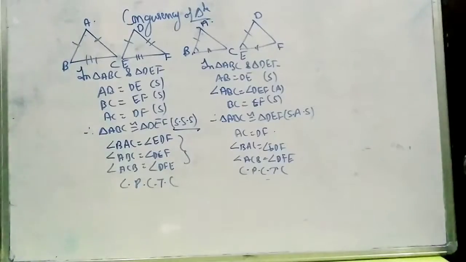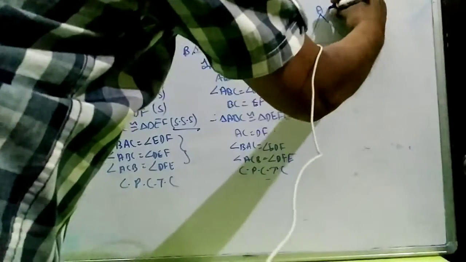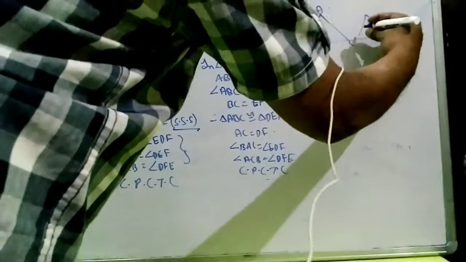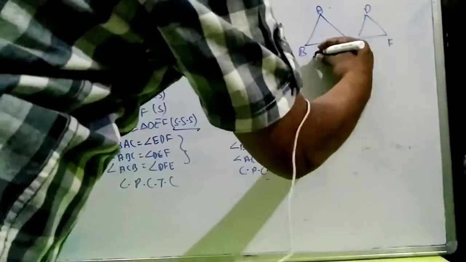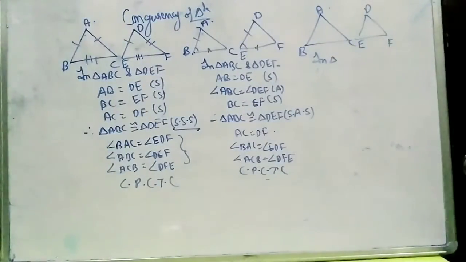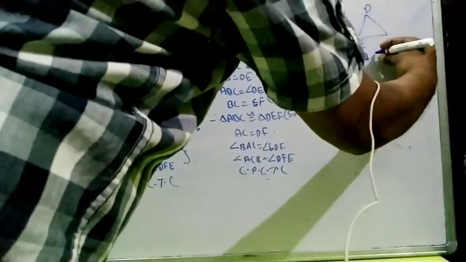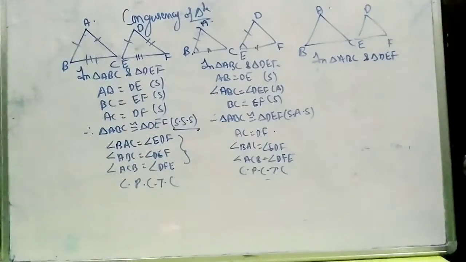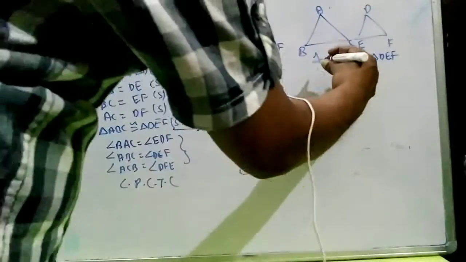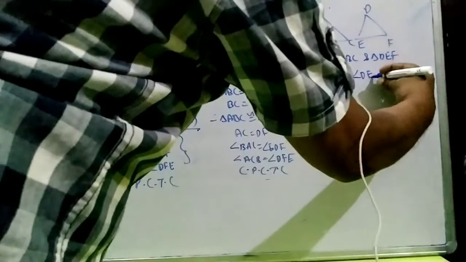Number three. ABC is the first triangle, the second triangle is DEF. Now in triangle ABC and triangle DEF, we can say angle ABC is equal to angle DEF.